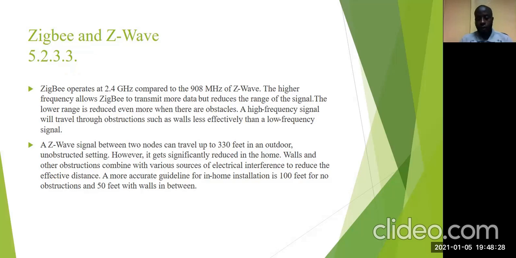However, it gets significantly reduced by walls and other obstructions combined with various sources of electrical interference, which reduce the effective distance. A more accurate guideline for in-home installation is 100 feet with no obstruction and 50 feet otherwise.